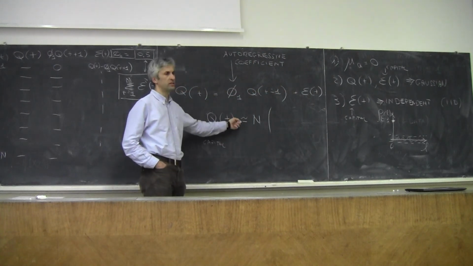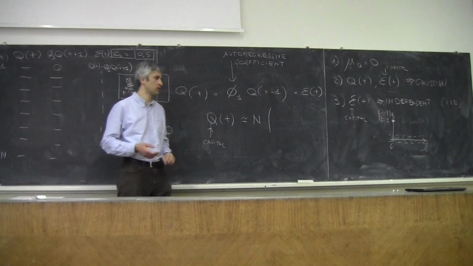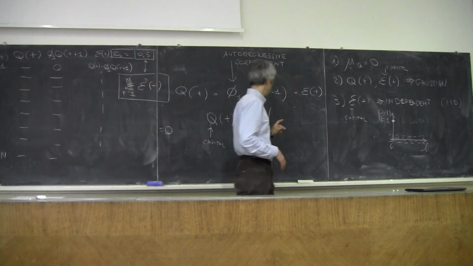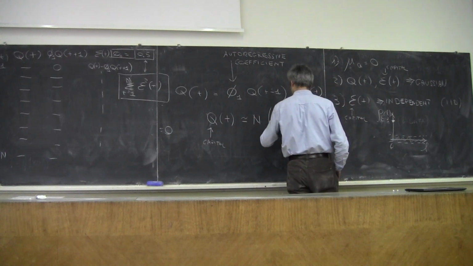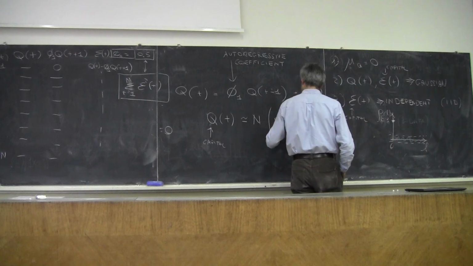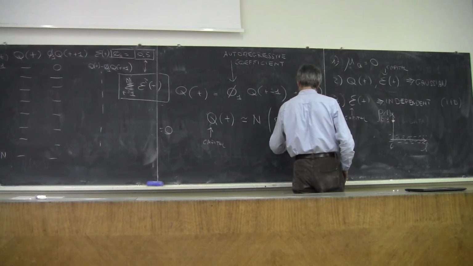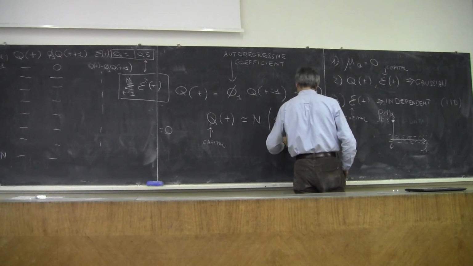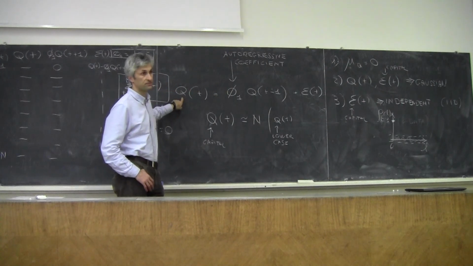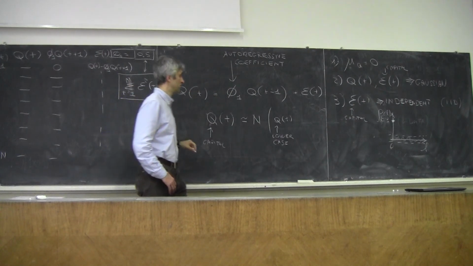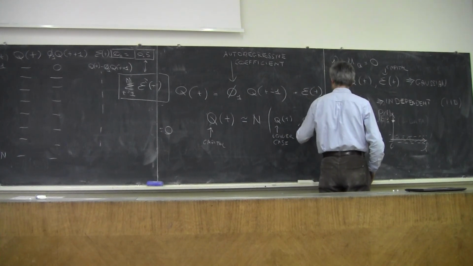This means equality in distribution, and N means normal. And what is the mean value? The mean value is qt, lowercase, so the mean value is given by this relationship here, and the standard deviation is sigma epsilon t.